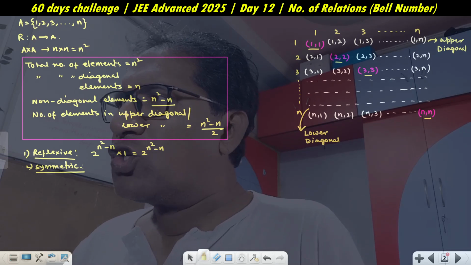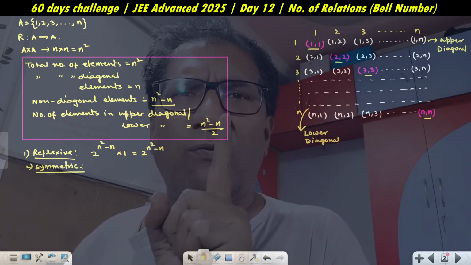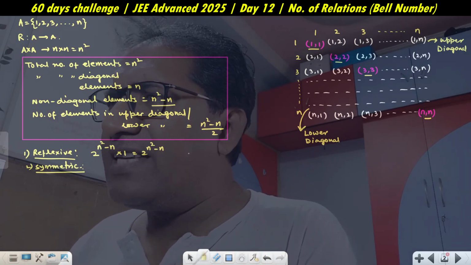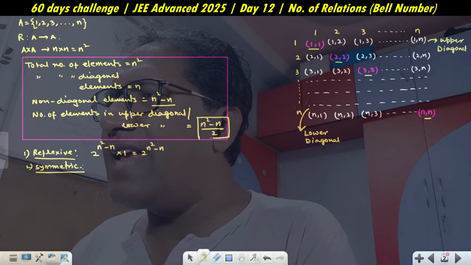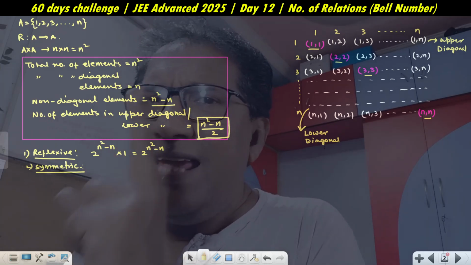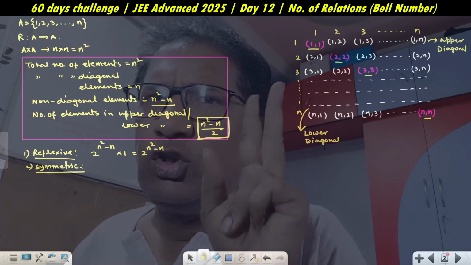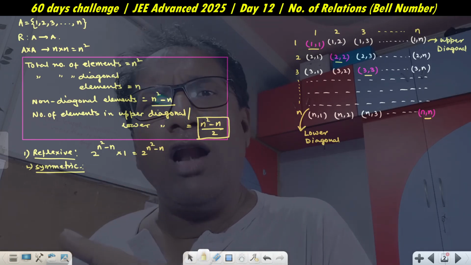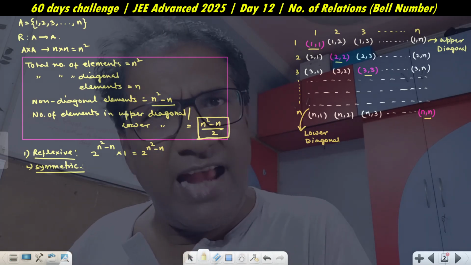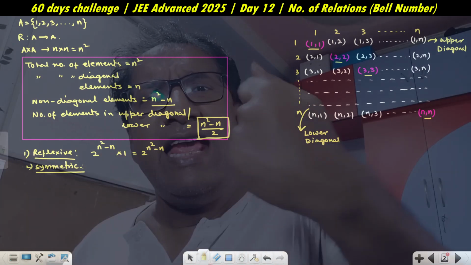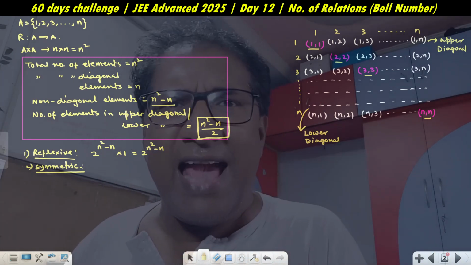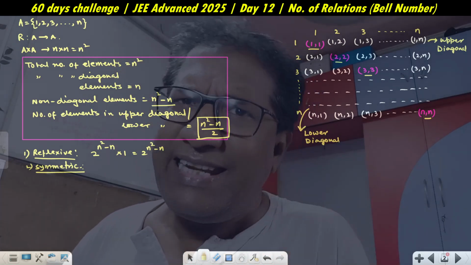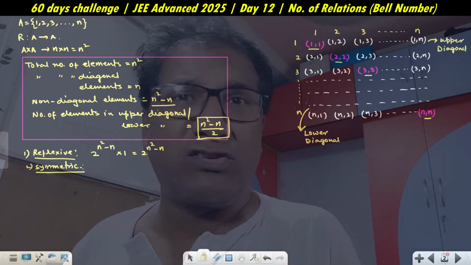Clear? So simply see how many elements are there in the upper diagonal. The total number of elements in the upper diagonal is n square minus n by 2. For each and every element, there are two options. Either it can come in the relation or it may not come. Clear? If it comes, automatically y comma x is taken from the lower diagonal. That is not my concern.